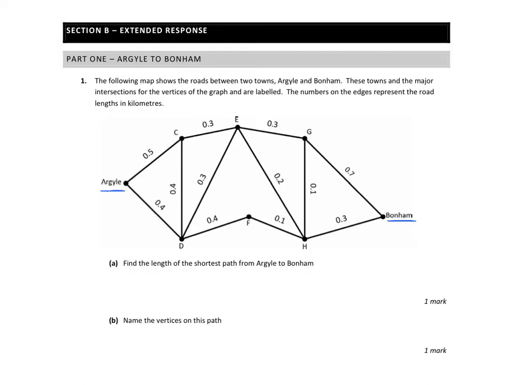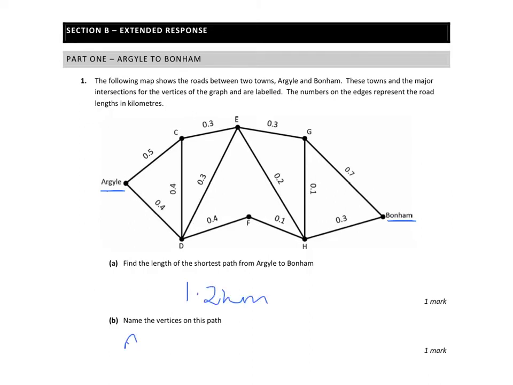If we went from Argyll to C, D, F, H and across to Bonham, that would give us a length of 1.2 kilometres. If we went from Argyll to C, E, H, B, 1.3 kilometres. We check each path and work out that the shortest path is actually 1.2 kilometres.